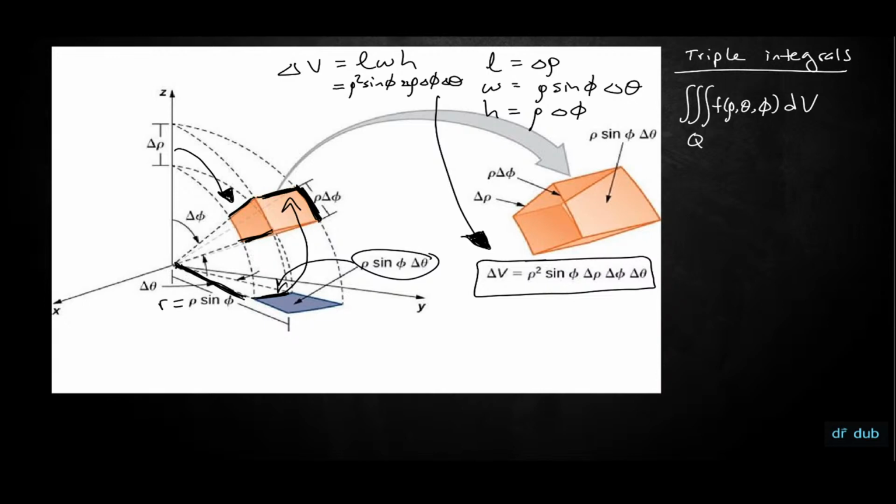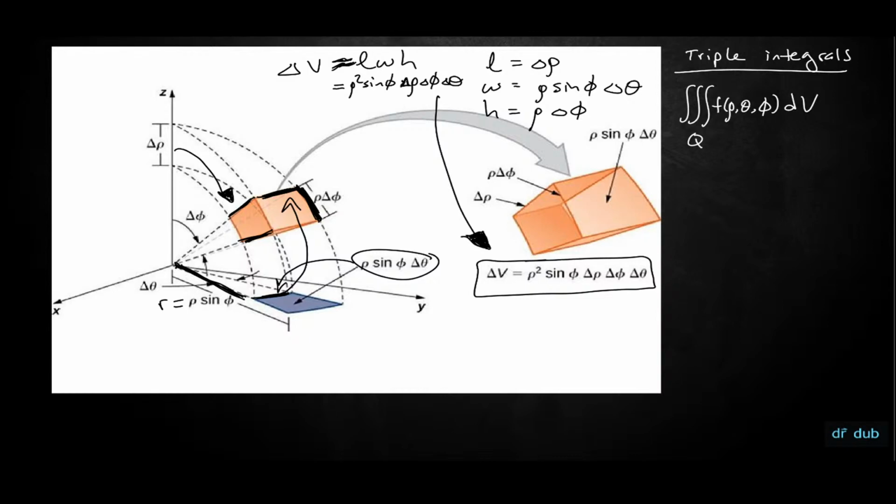We know, of course, it's not exactly a cube, but if we make those changes small enough, it's approximately a cube. So I could say approximately here. And as those changes go to 0, it does indeed approach a cube. So that's our delta volume, or a dv element.